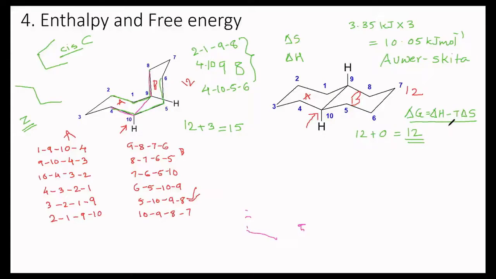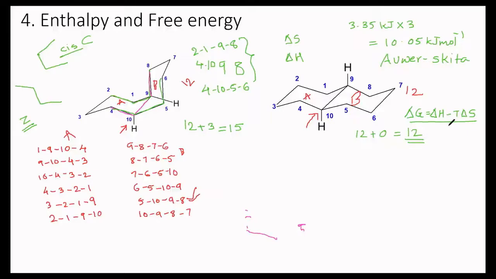So if you remember the free energy, जितना negative होता है उतना ही that particular molecule or that particular process is spontaneous in nature. Spontaneous. Okay, so that is overall calculation which is showing your cis decalin is unstable compared to the trans decalin.